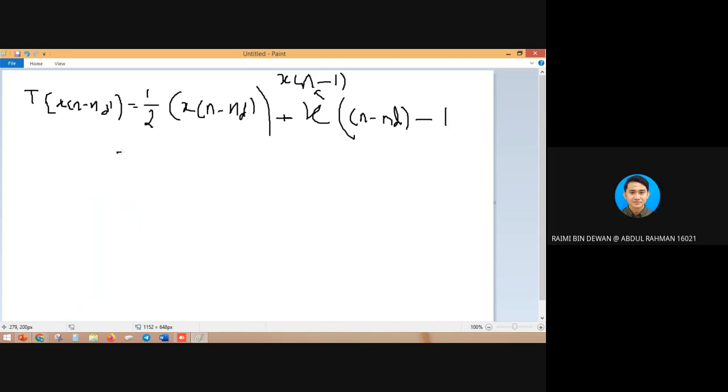Then you expand it. Okay, this is just the same. Then you have your plus, then you have your x, and then you see that you have n minus your nd.